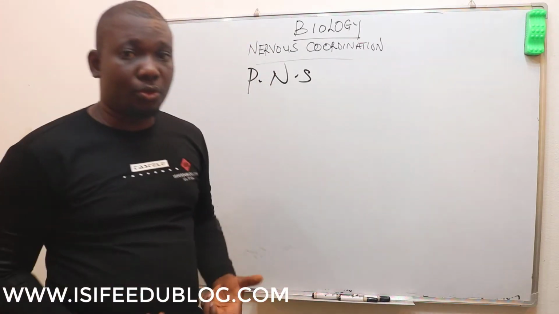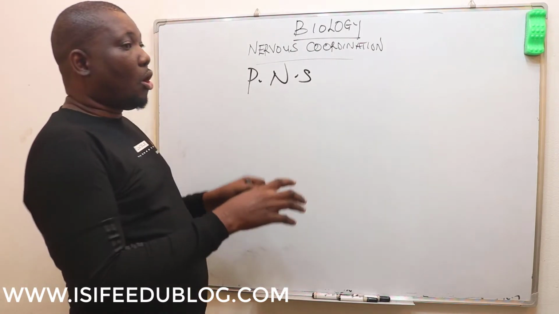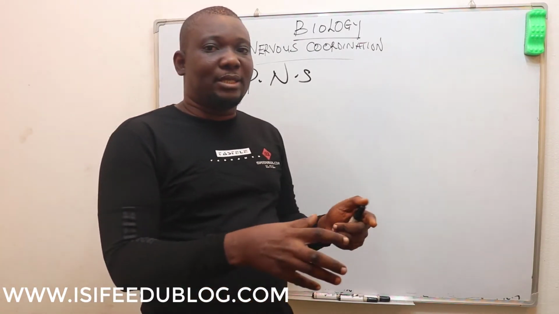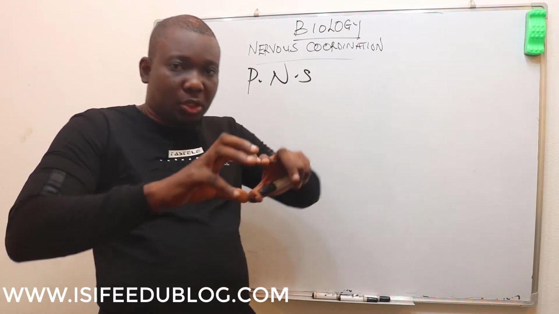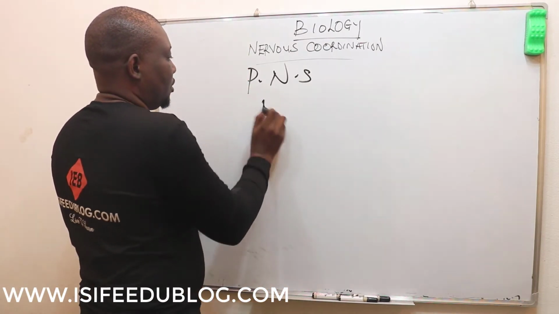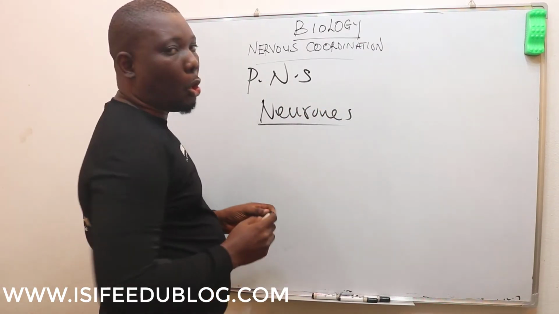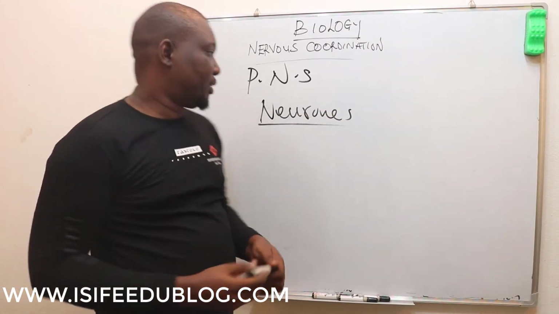These are bundles of neurons. All these parts of the PNS that are bundles of neurons are collectively called the nerves.